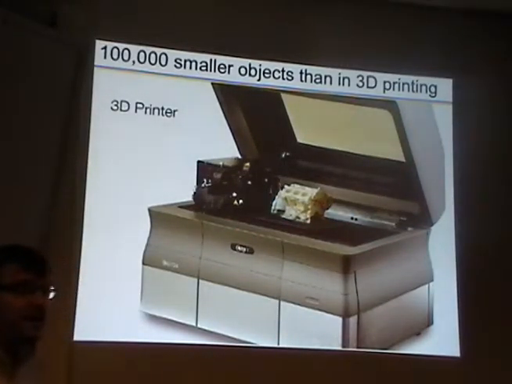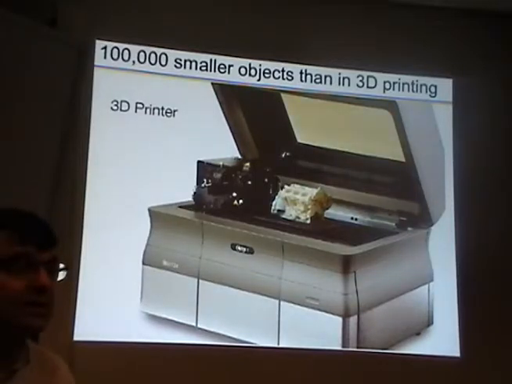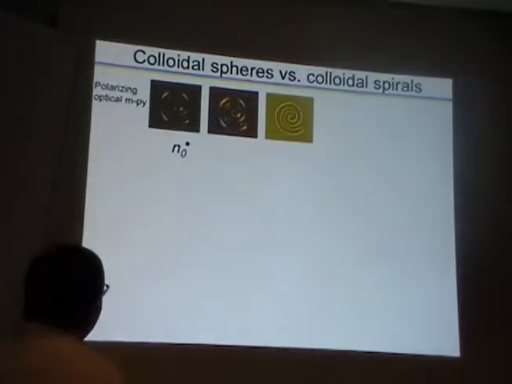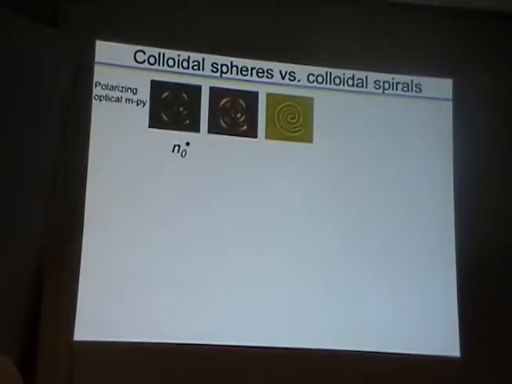What this technique is that I just demonstrated is essentially a very high-tech version of 3D printer. It allows you to do the same, print 3D objects, but with resolution which is essentially 100,000 times better than that of commercial 3D printers. Alright, so let us see what types of colloidal particles we can generate.